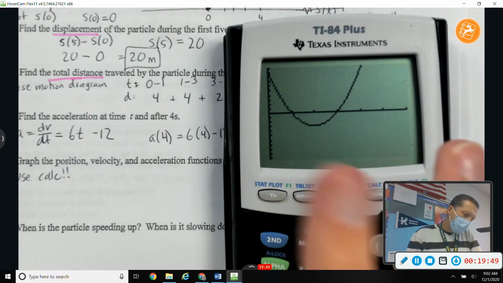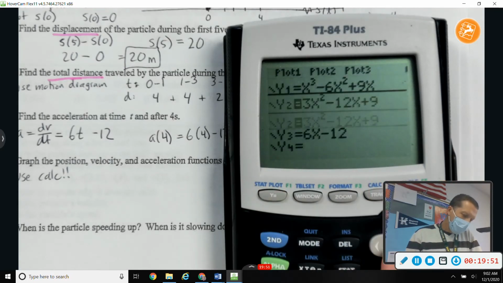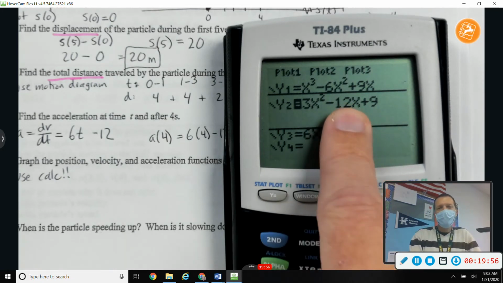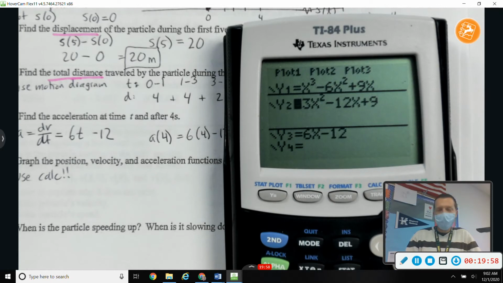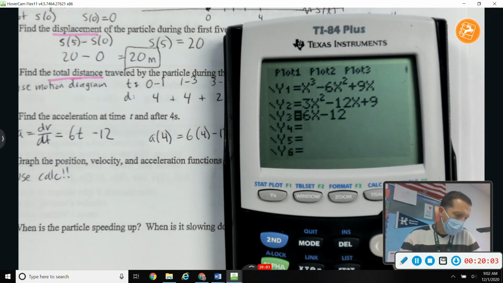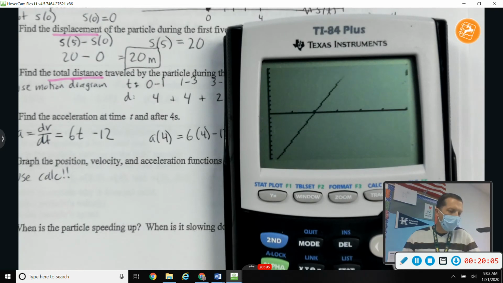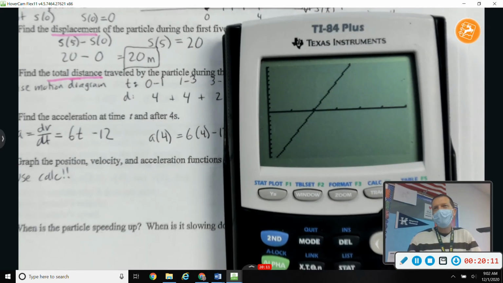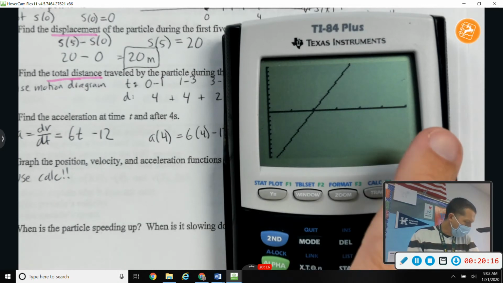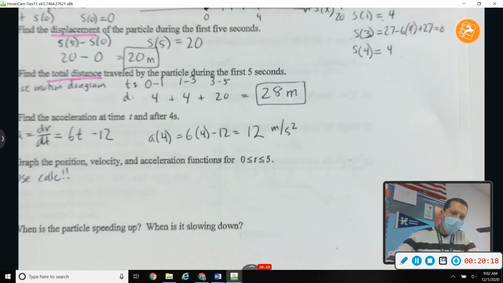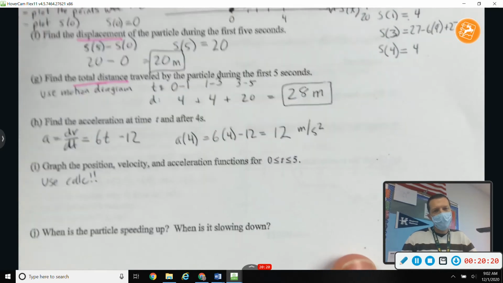And then lastly, it also makes sense that velocity is a parabola. Acceleration is just a line, so that's going to be the boring graph, but there it is. And you could look at them all at once, but I don't know that that would really be helpful. I think that might be more confusing than helpful. So for a graph, we would just have you use a calculator.